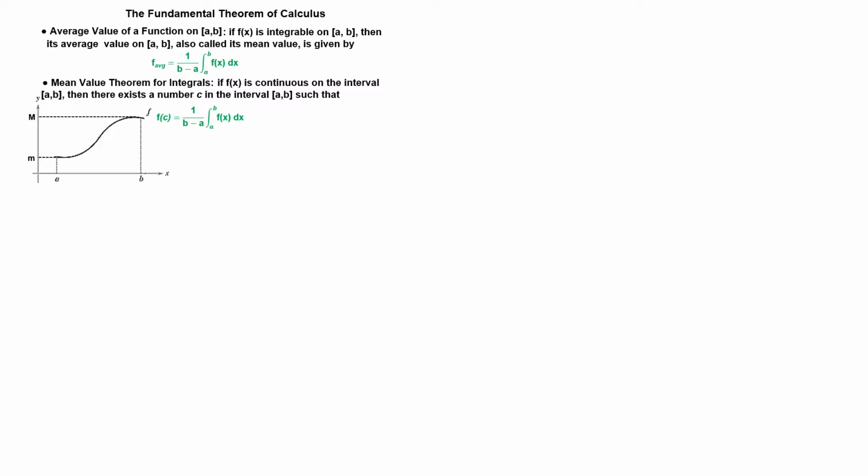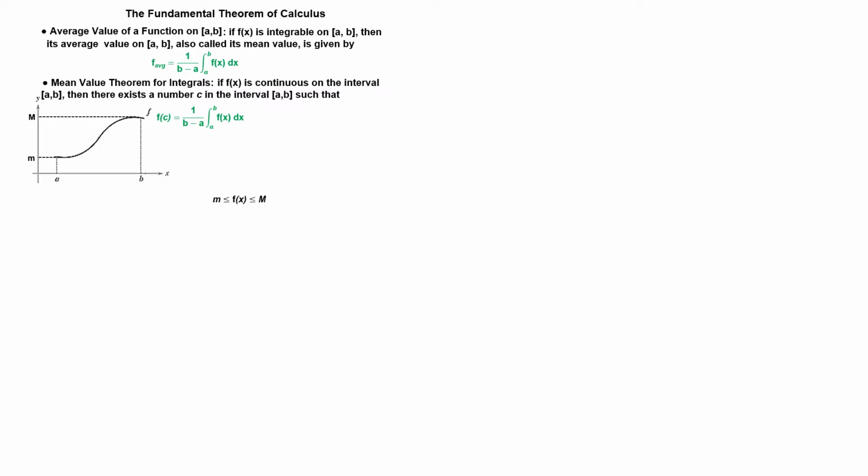If f is continuous, we could take lowercase m and uppercase M to be the absolute minimum and maximum values of f in the interval [a, b], and the function f takes on any value between lowercase m and uppercase M, and we can rewrite the inequality.